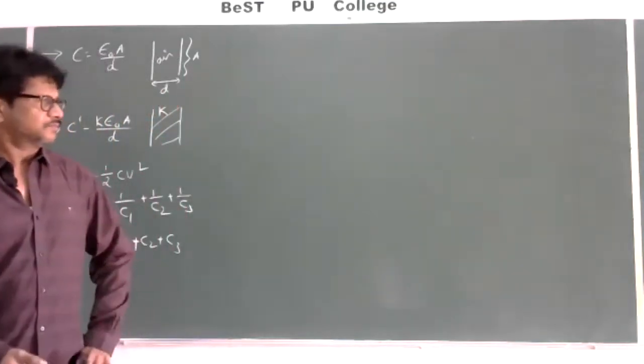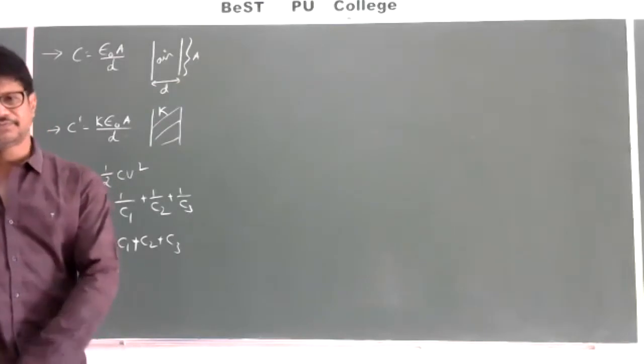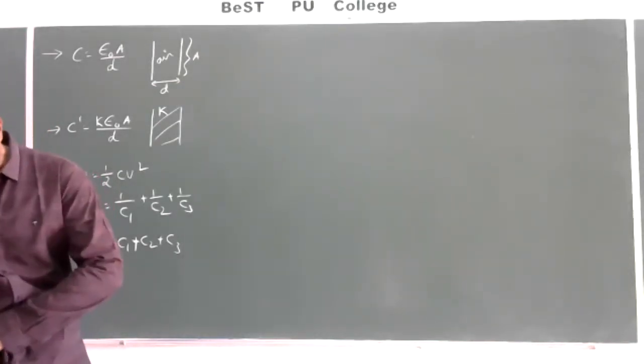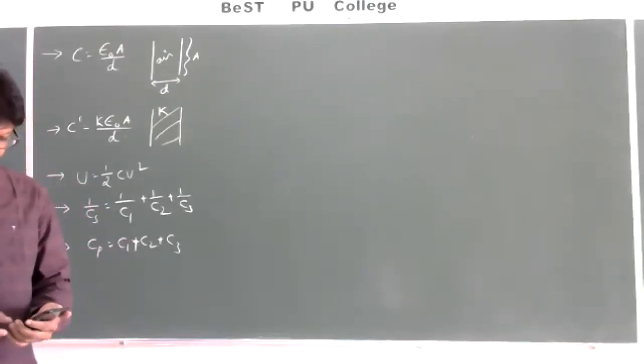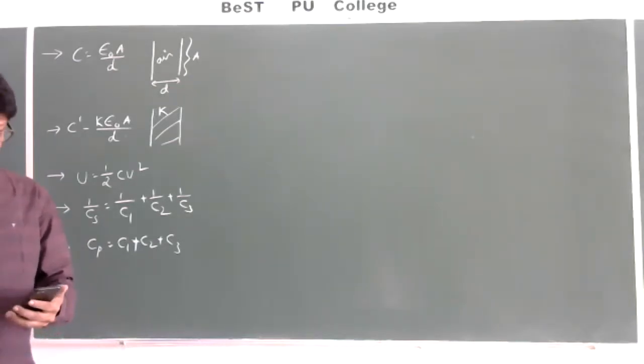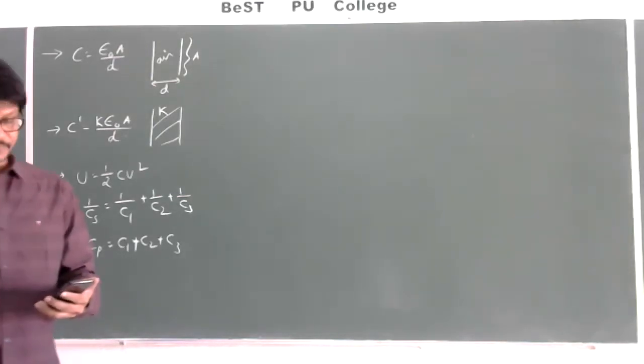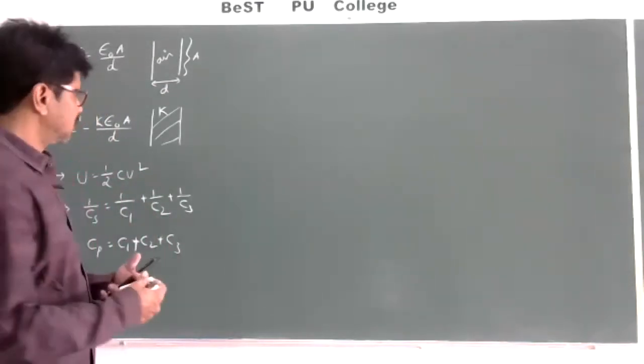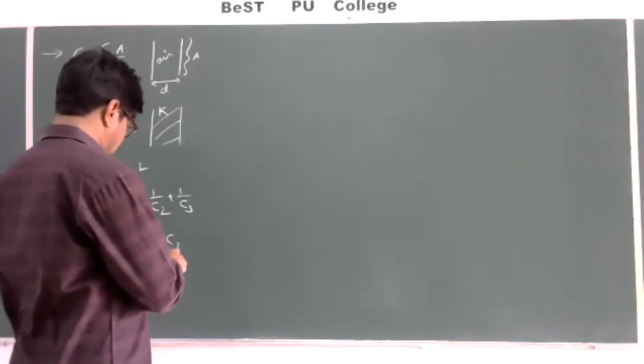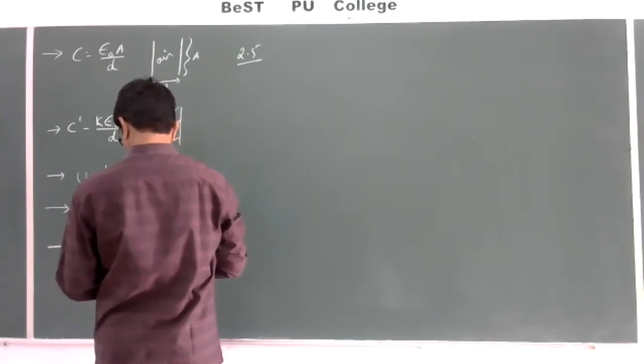The first problem in our exercise, so already based on the potential 4 problems we completed, then the fifth problem in our textbook, 2.5, on page number 87.